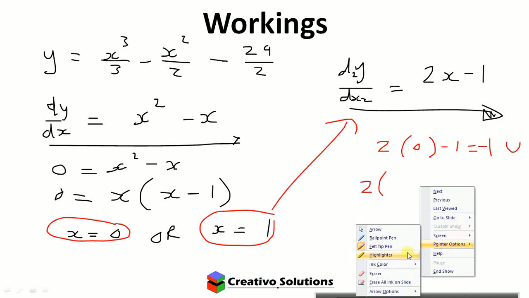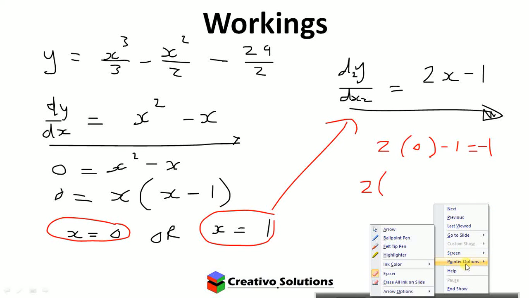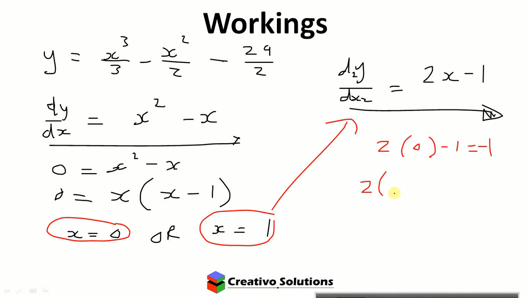Because 2 times 0 is 0. Sorry, mistake. 2 times 0 is 0. 0 minus 1 is minus 1. Right, then if I put in a 1 here, then here I get 1. That's happy, that's sad. So they wanted what here? The maximum point.